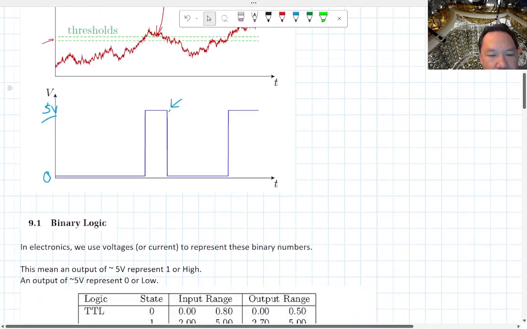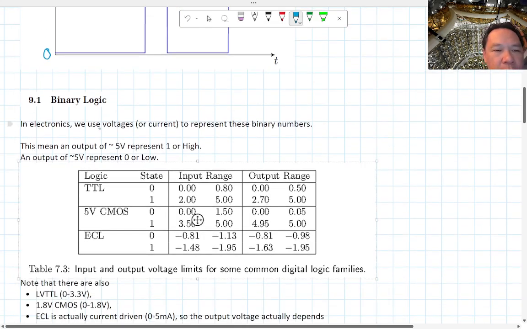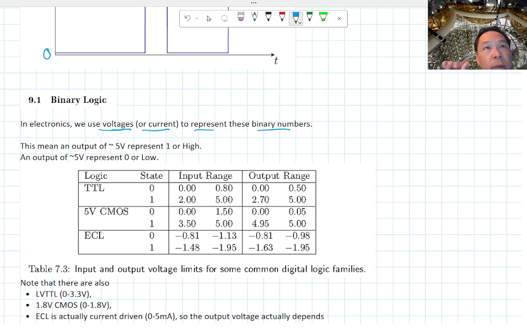So how does binary logic work? We use voltages or current to represent these binary numbers. We're representing ones and zeros with some voltage. In the previous example, 5 volts means 1.